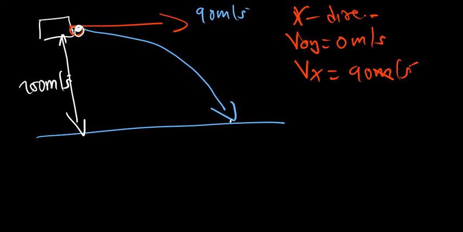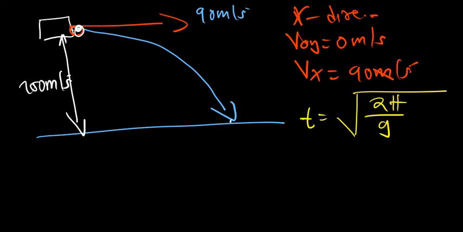From the explanation I gave you under case 1, it is the first formula. You said you should really master it: t equals the square root of 2h over g.